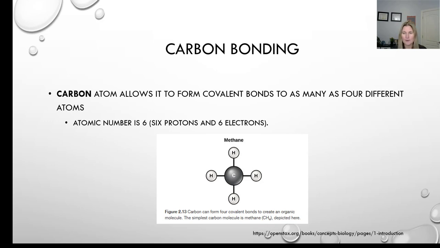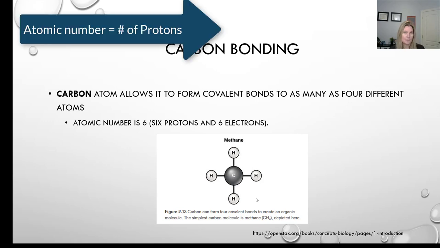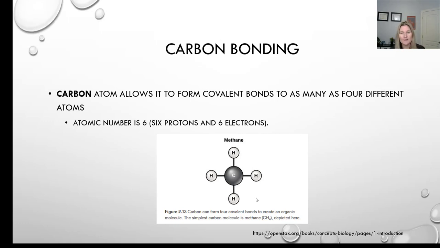Remember, if we look at the periodic table, carbon's atomic number is 6. That means, if you remember from previous videos, it has 6 protons. The atomic number always equals the number of protons. And if it's just a regular neutral atom, then it also has 6 electrons.